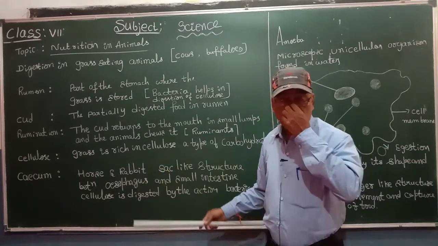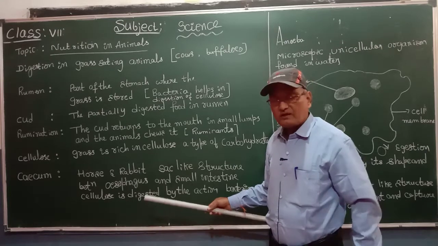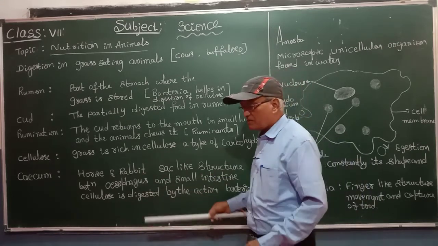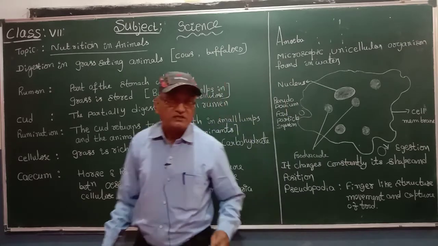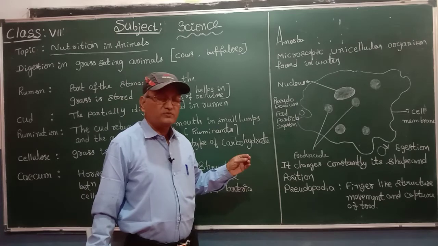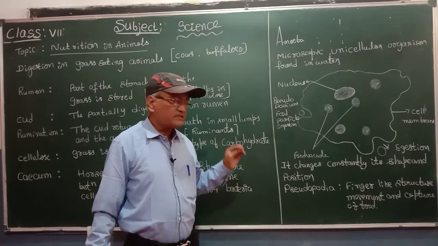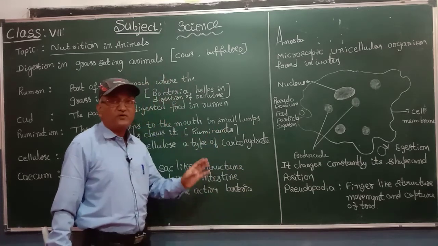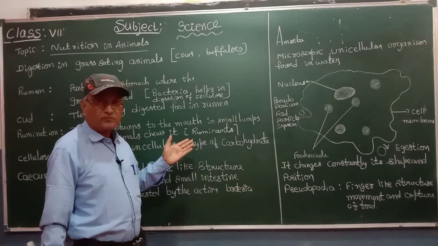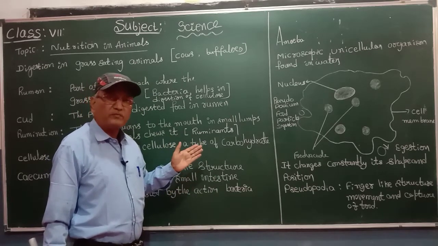There some bacteria help the cellulose to digest. This type of system is not present in human beings. Cellulose is digested in grass eating animals with the help of bacteria, but this type of system is not present in the case of human beings.